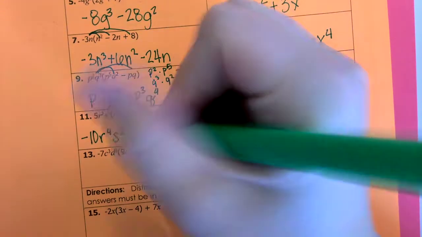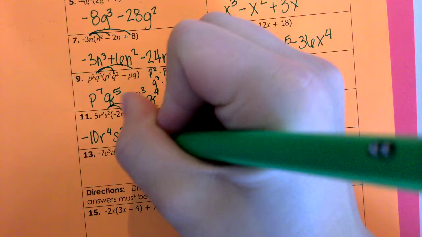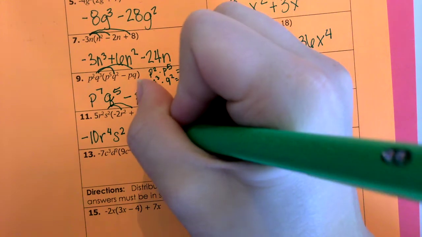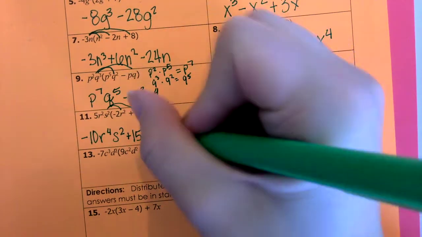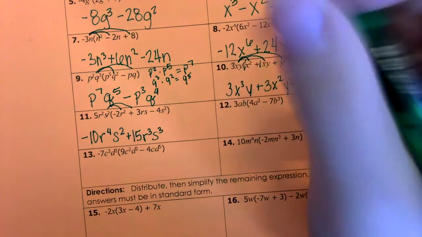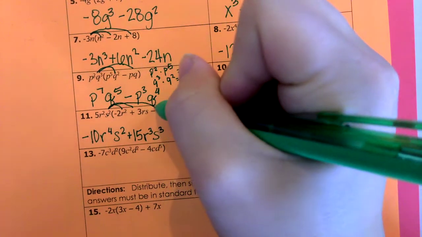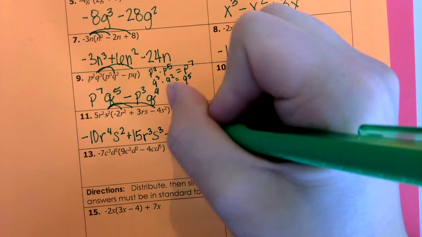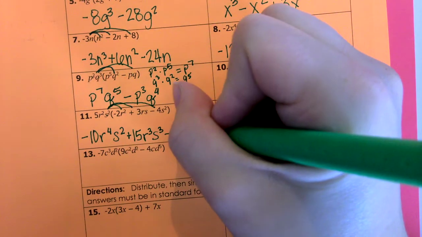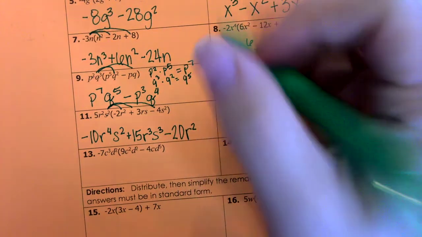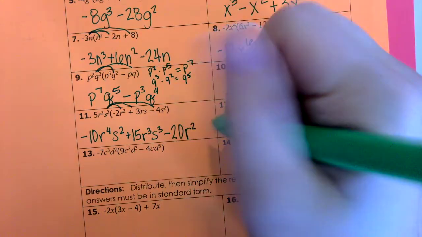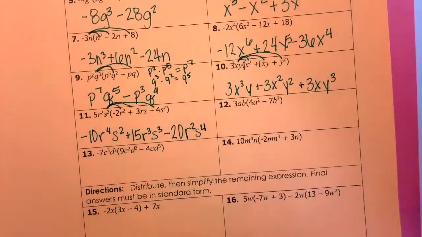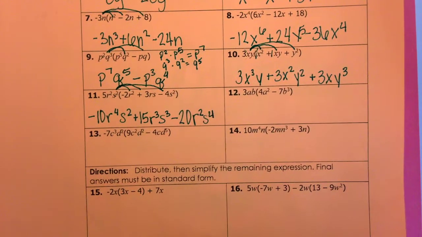My next one, then, you should have gotten plus 15 r cubed, and then s squared times s is also going to give me s cubed. Finally, by that last term, 5 times -4 is going to give me -20. Nothing to multiply my r's by, so it's just r squared. S squared times s squared is going to give me s to the 4th. So that's what you should have gotten in that answer.